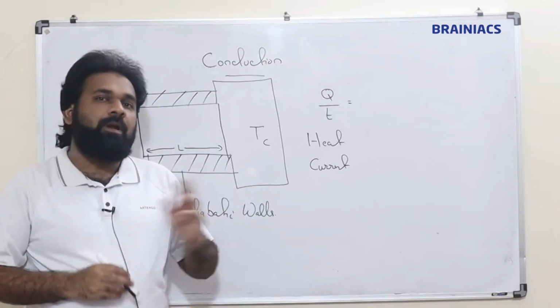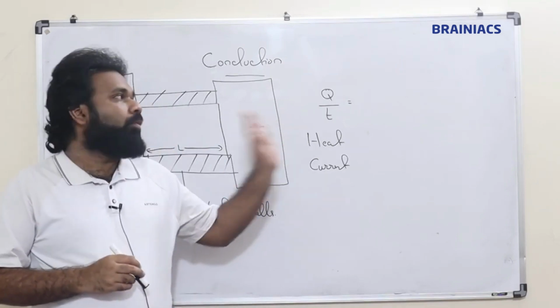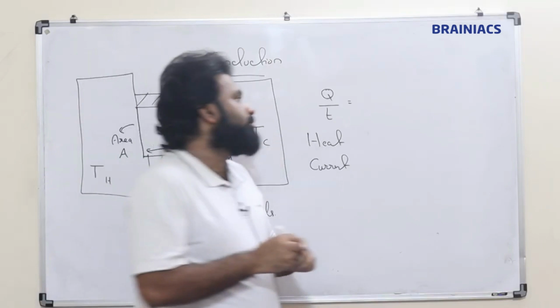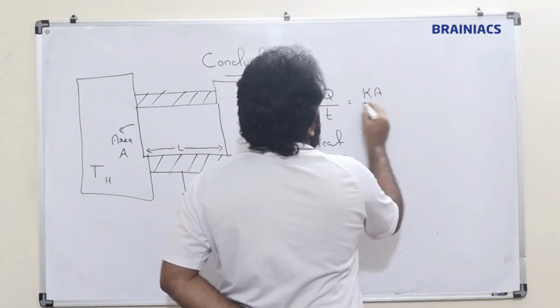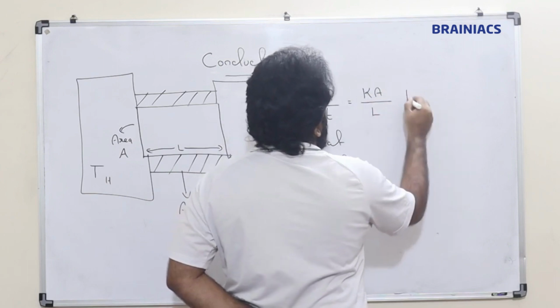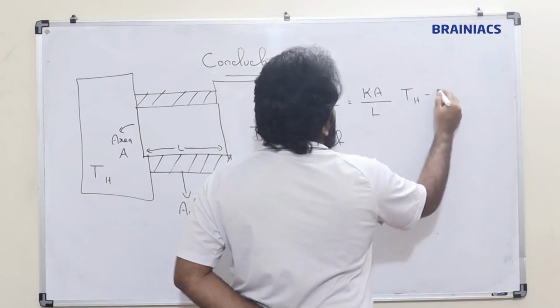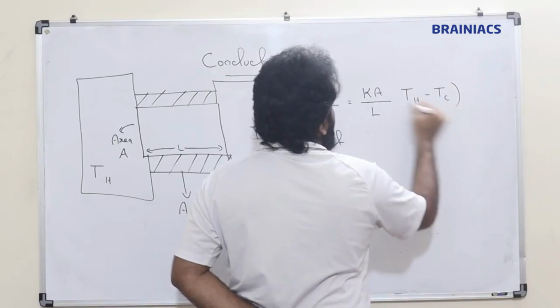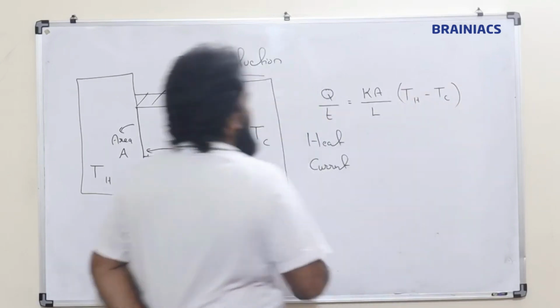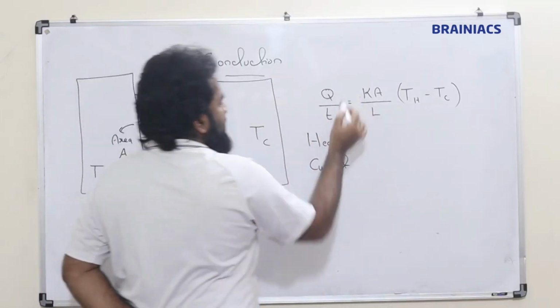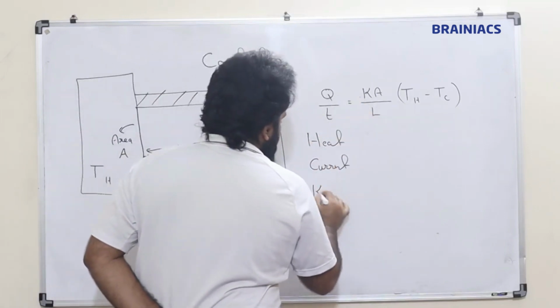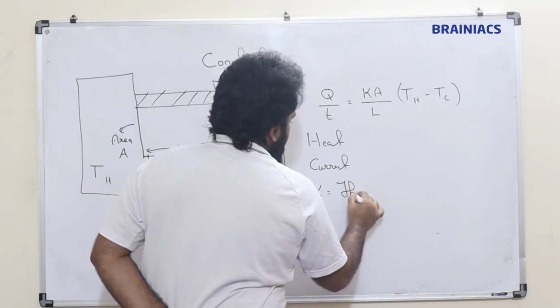This is equal to KA by L times (Th minus Tc). What about this K? K is called thermal conductivity.